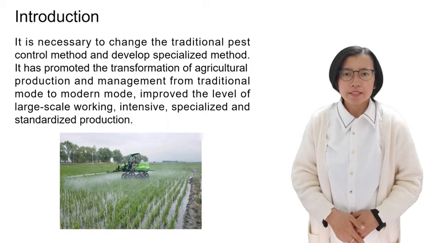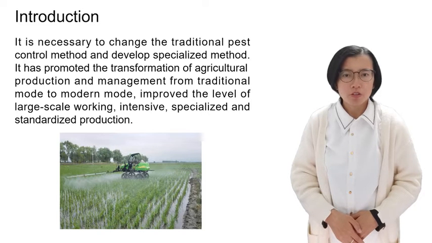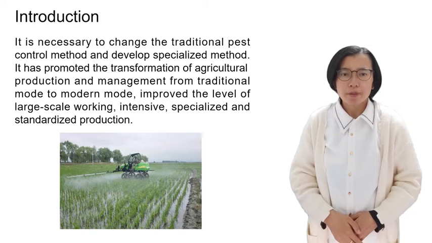It is a necessary way to change the traditional pest control method and develop specialized methods. It has promoted the transformation of agricultural production and management from traditional mode to modern mode. It improved the level of large-scale working, which is intensive, specialized, and standardized.